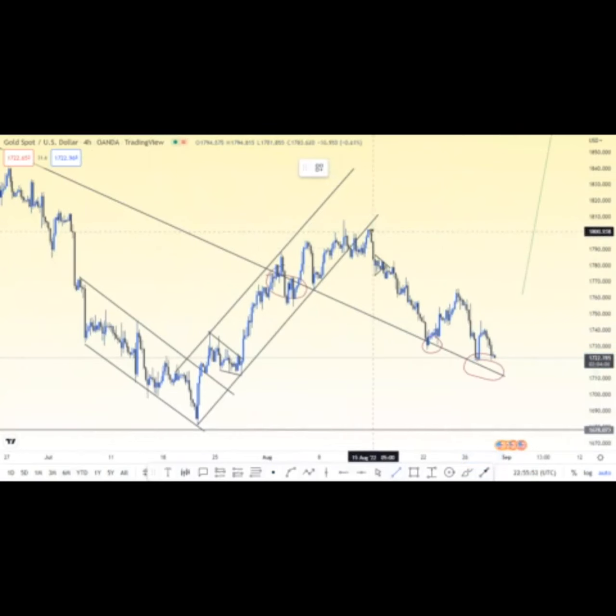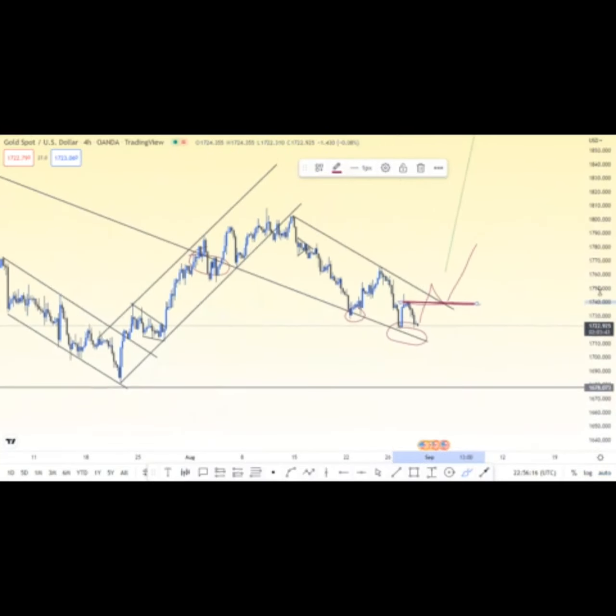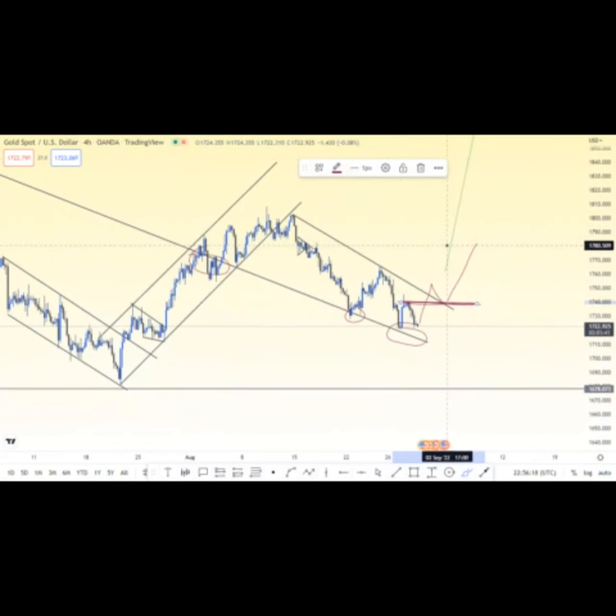Right, so what I will do is put a trend line from here to there, wait for the market to break above structure, retest, and go above. So basically it might retest this neckline right here, right? So that's basically what I'll be looking for in the gold.